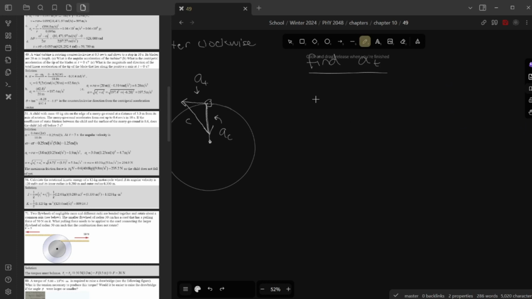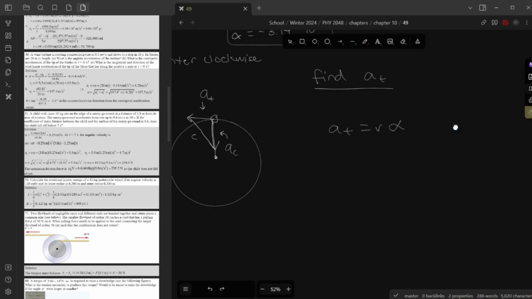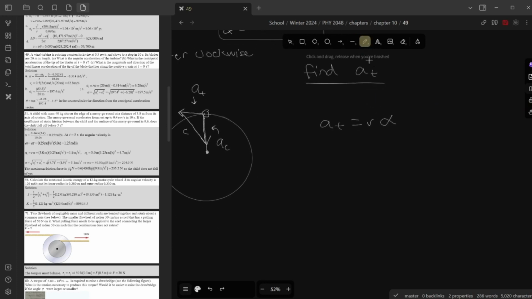So yeah, all we have to do is multiply r times alpha. And we have alpha here, and r is 20. So 20 times, what is it, negative 0.314.